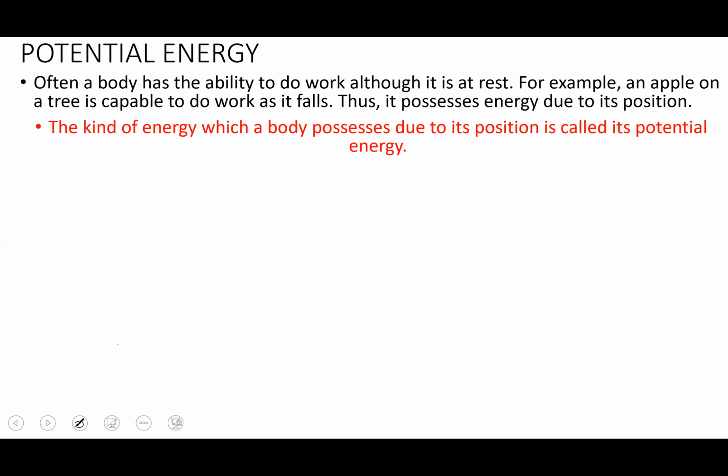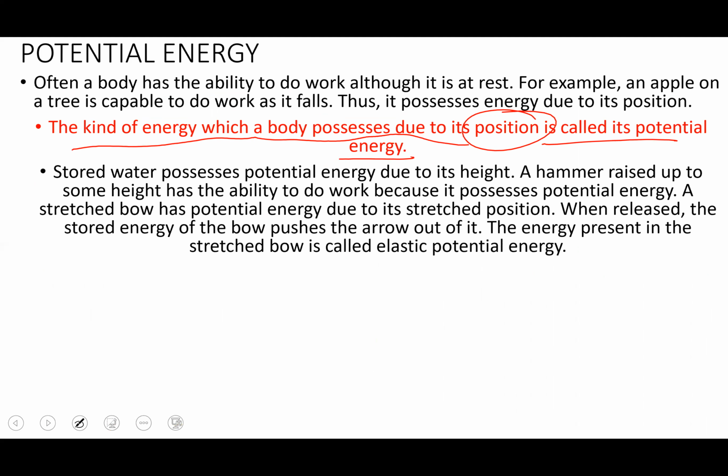Now, the kind of energy which a body possesses due to its position, and remember, the position must be at a certain height or certain distance, is called its potential energy. Stored water possesses potential energy due to its height. A hammer raised up to some height has the ability to do work because it possesses potential energy.